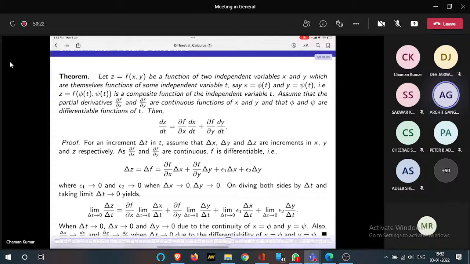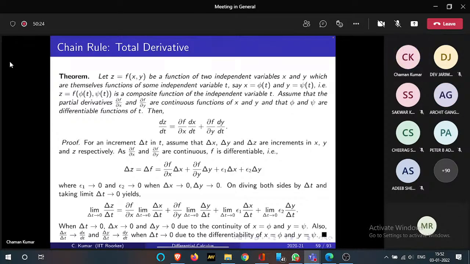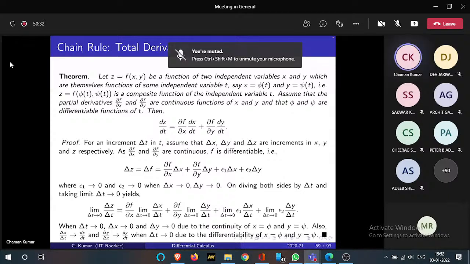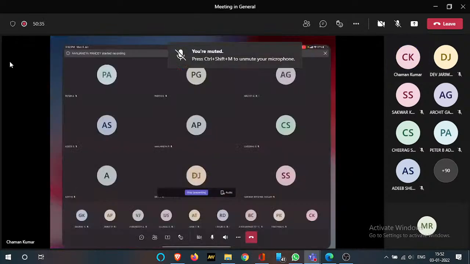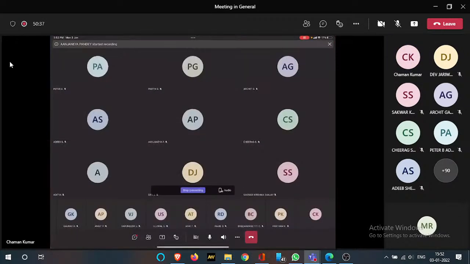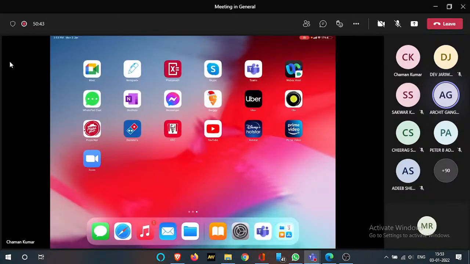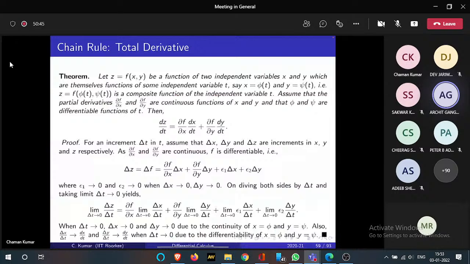In questions related to Euler's theorem in exams, we don't always have to prove the continuity of double derivatives, right?